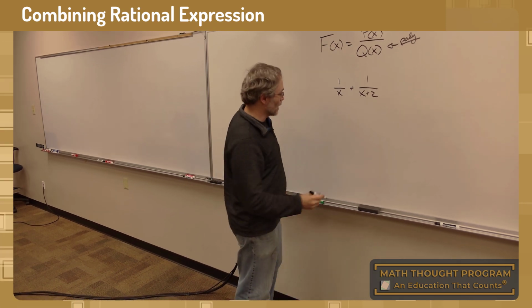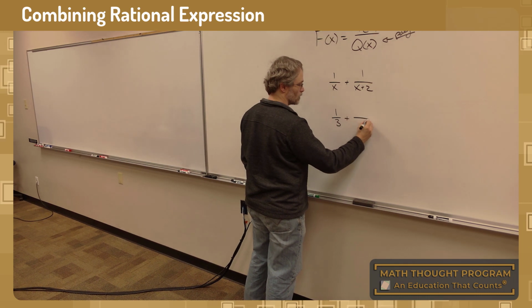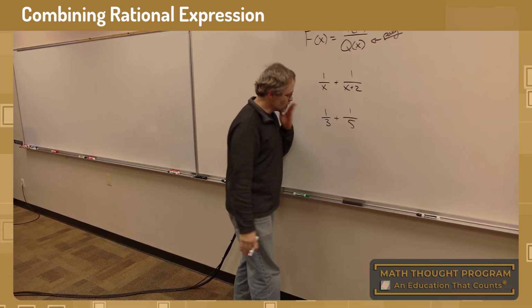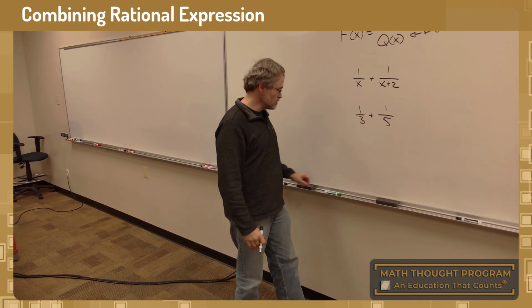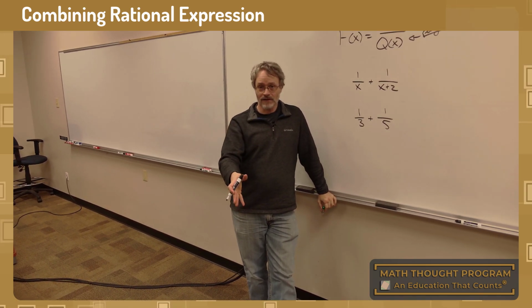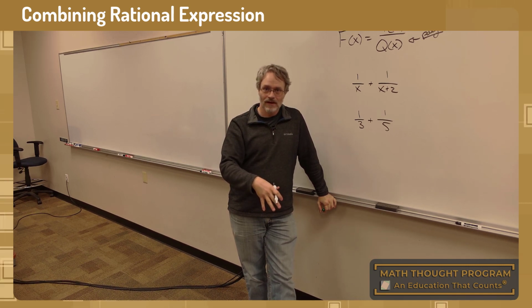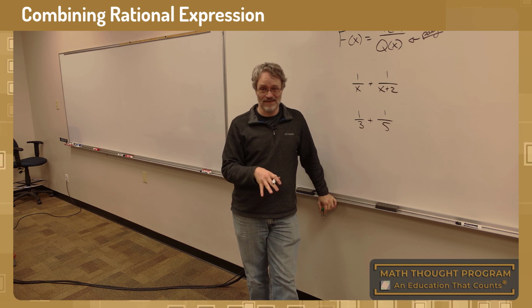So let's take it back. Let's say I'm looking at 1 over 3 plus 1 over 5. And the question is, how would I add up my fractions? Well, to add up my fractions, I have to get a common denominator. I have to make my denominators identical, make them the same.